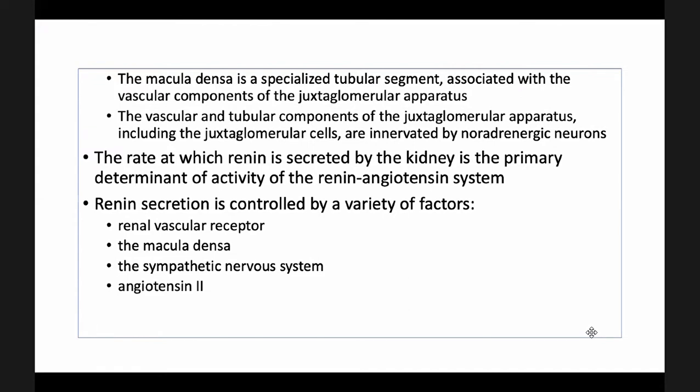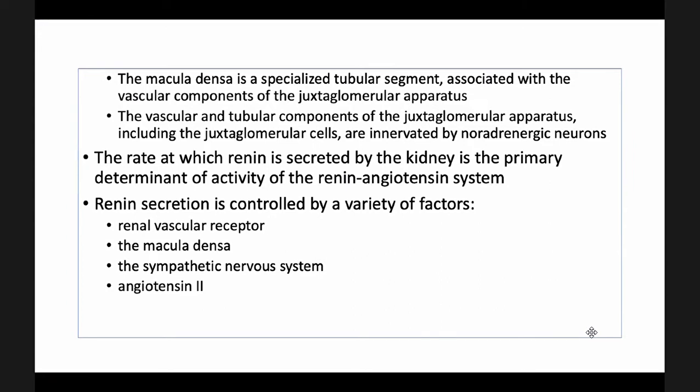The vascular and tubular components of the juxtaglomerular apparatus, including the juxtaglomerular cells, are innervated by adrenergic neurons. The rate at which renin is secreted by the kidney is the primary determinant of the activity of your RAAS, or renin-angiotensin system.